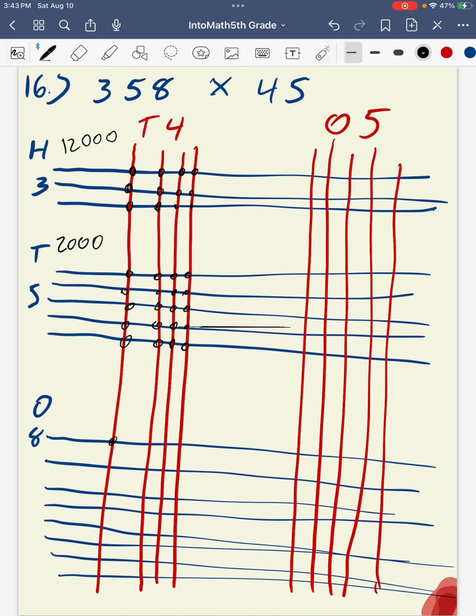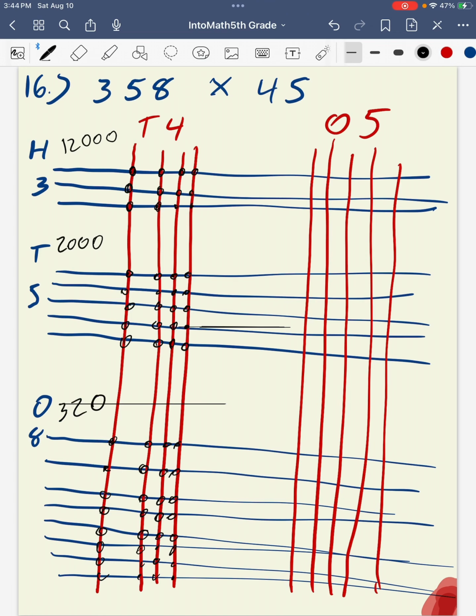Now I do my tens times my 4, 4 times 8, which will give me 32 down here. 32 points in which they intersect. You can count them all up. This is 32.